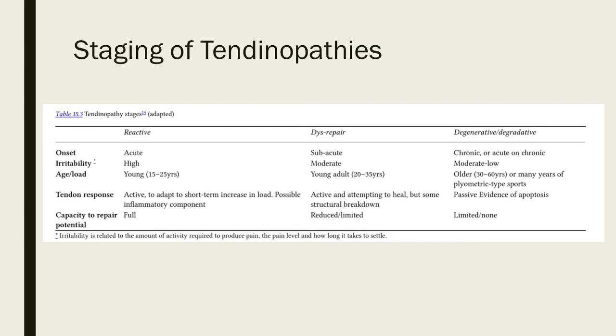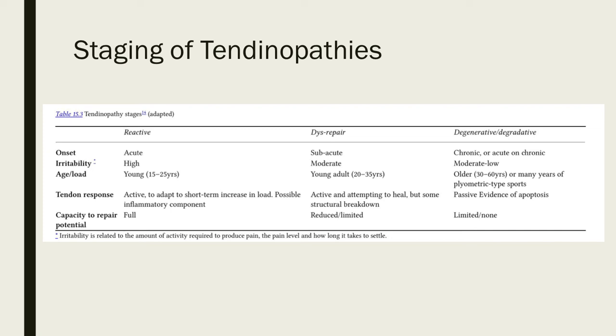Tendinopathy typically comes in three stages: the reactive stage, the disrepair stage, and the degenerative stage. Within the reactive phase, tenocyte activity is dramatically upregulated because it's attempting to respond to increased load by stiffening the tendon and laying in more collagen. It can persist to intratendinous swelling, and that can begin to cleave apart or disrupt that collagen framework.